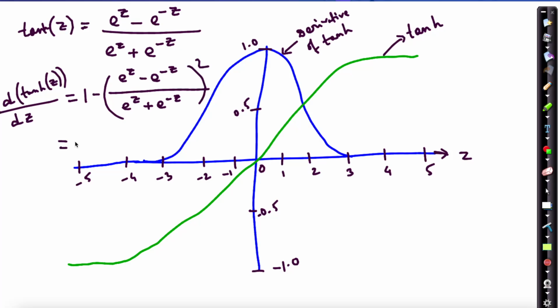This is nothing but 1 minus tanh square. So again, the derivative of tanh is in terms of tanh itself. If we simply implement the tanh function once, we can use it for forward propagation, and for backward propagation we can simply square it and take 1 minus the square of tanh z, that is 1 minus tanh square z.